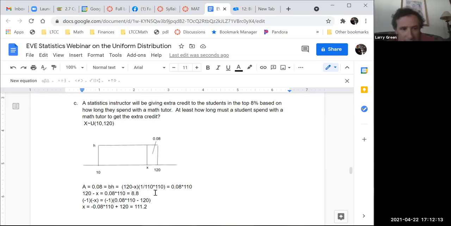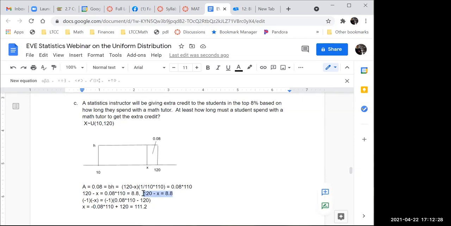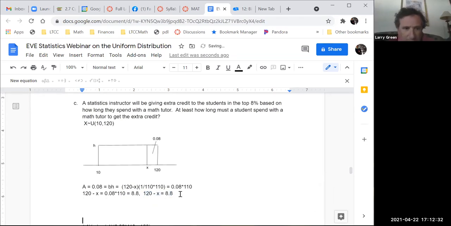So now let me just rewrite it so you can see it all. 120 minus x is equal to 8.8. Is that clear? Just so it's not messy, let me put some spaces below that, and let me put it on the next line.